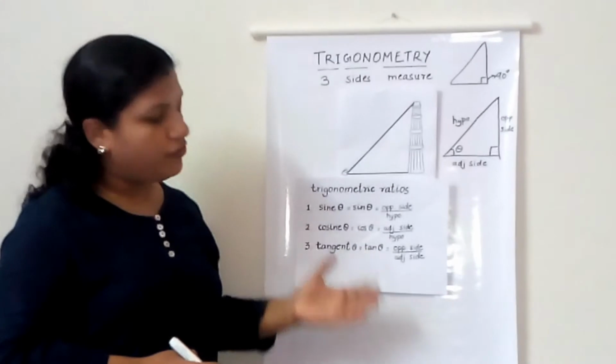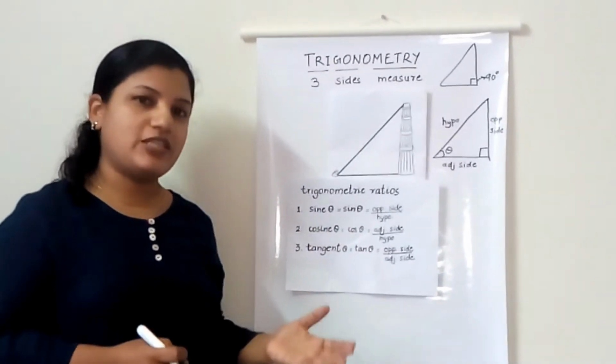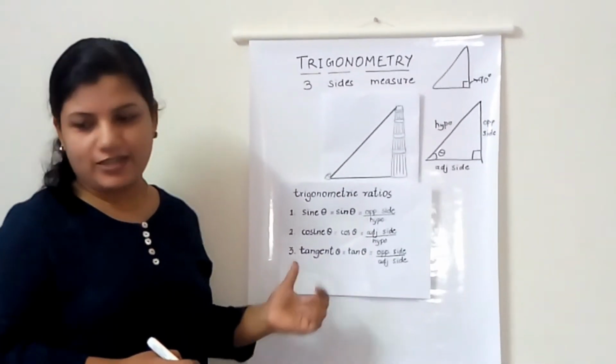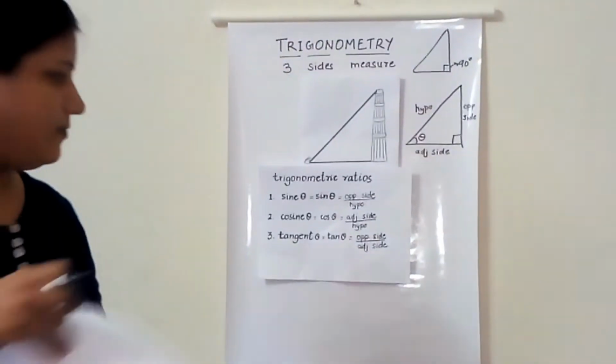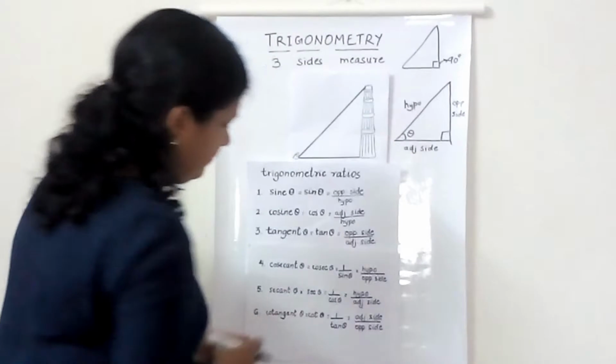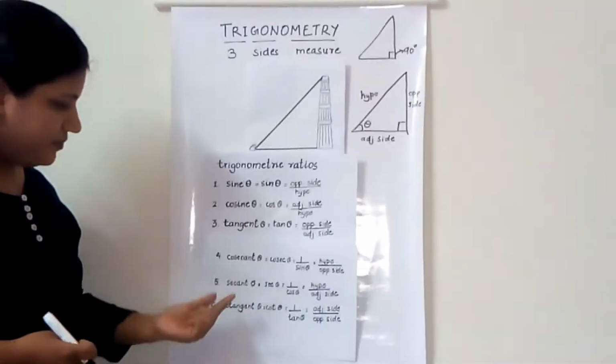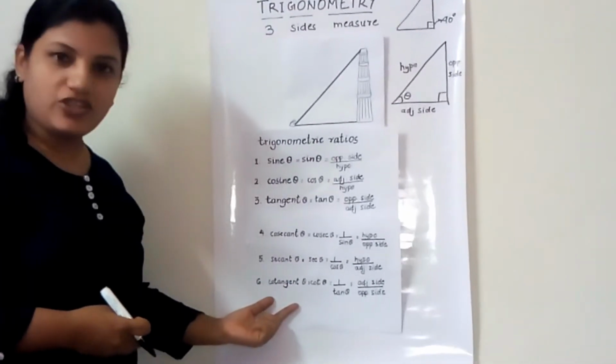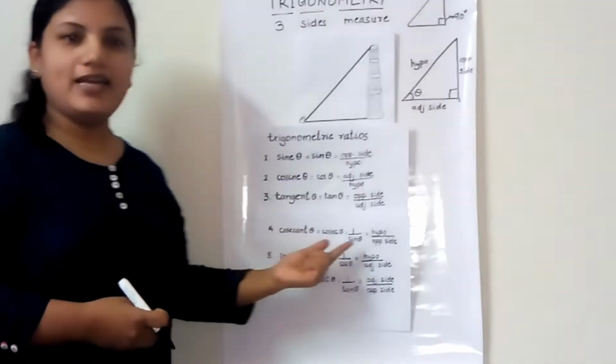There are three more to go, which are just the reciprocals of the ones that we have just learned. So let's see what they are. Here we have cosecant theta, secant theta, and cotangent theta. Cosecant theta is the inverse of sine theta.